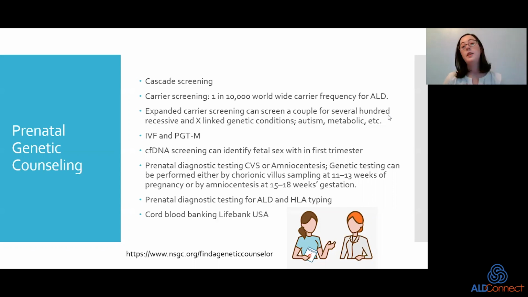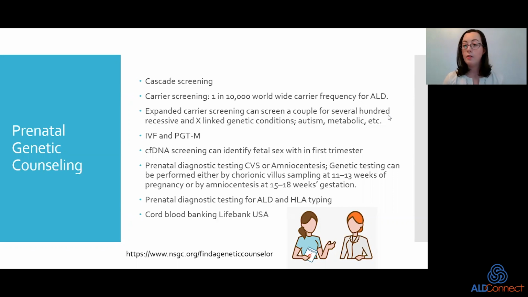One thing that I did want to mention is that regardless of family history, I do often offer patients something called expanded carrier screening. If you've never heard of it before, this is a blood test that can screen individuals or couples for several hundred different genetic conditions, some of which are recessive in inheritance, meaning that 2 parents need to carry them, and others are X-linked.